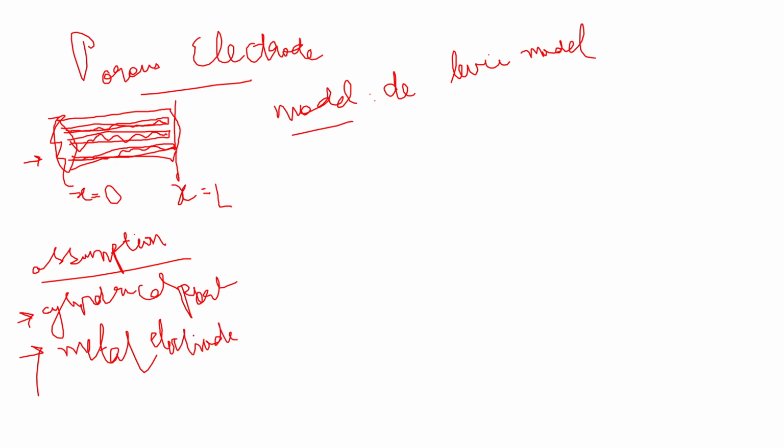It's a metal electrode. And one more assumption which we take is that potential is the same everywhere. We consider it along this direction only into the pore; in the sense that axial diffusion is not considered.